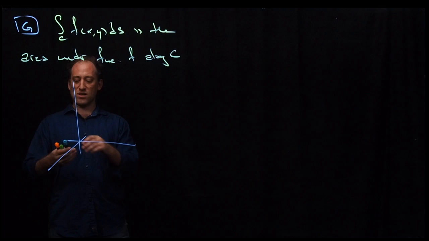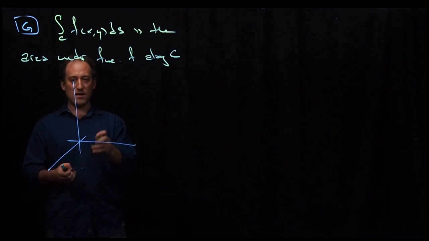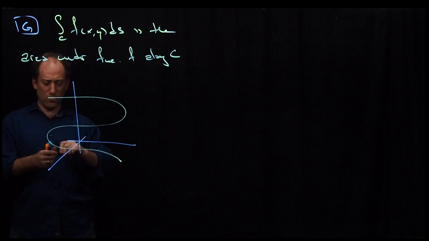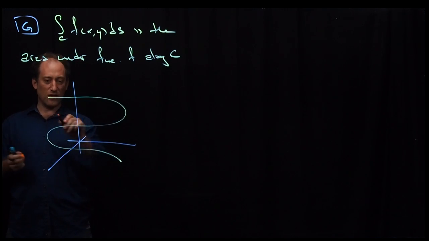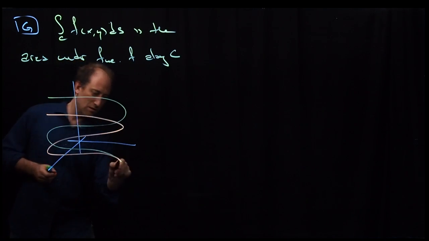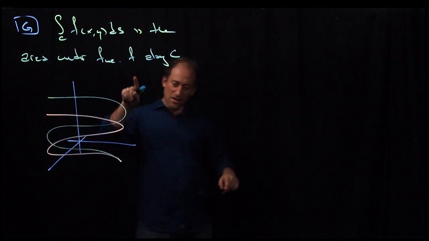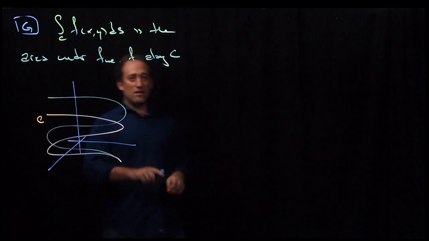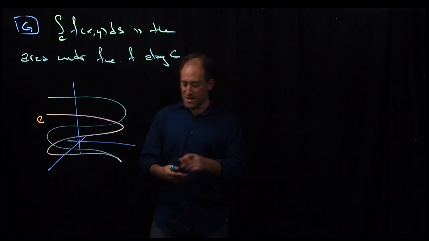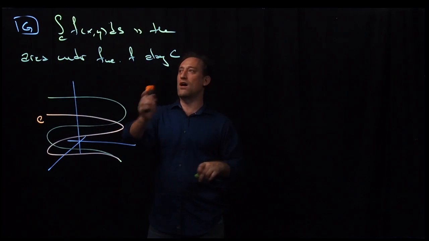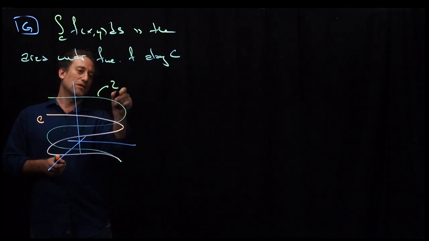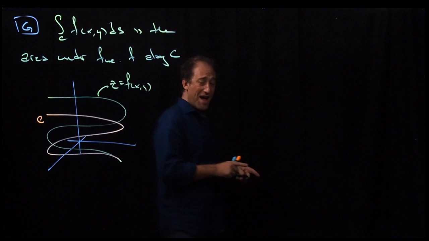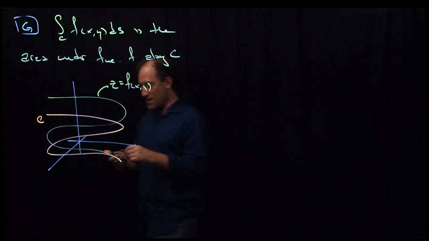Specifically, let me get this just so. Okay, the orange is the curve C. The green is the value of the function z is equal to f of xy that lies above C.